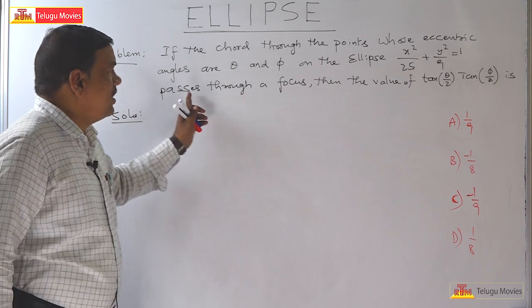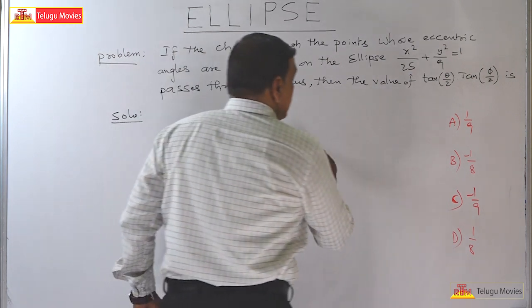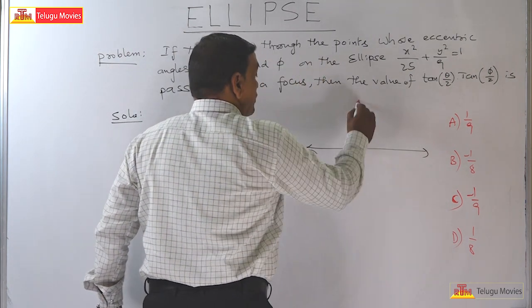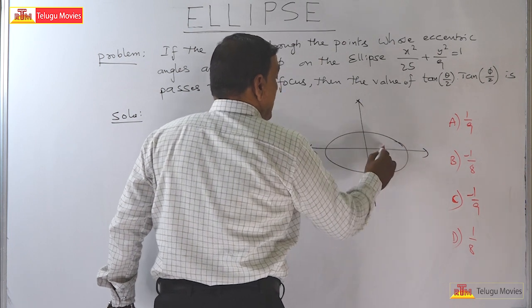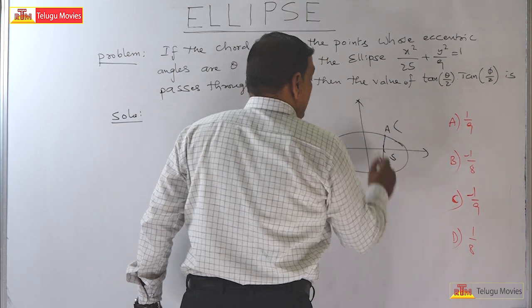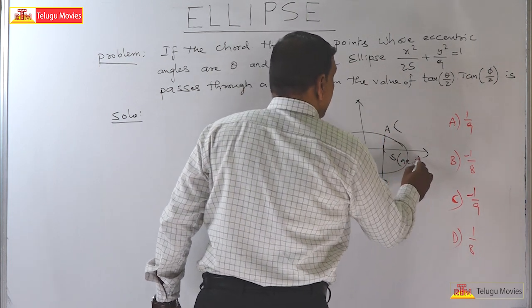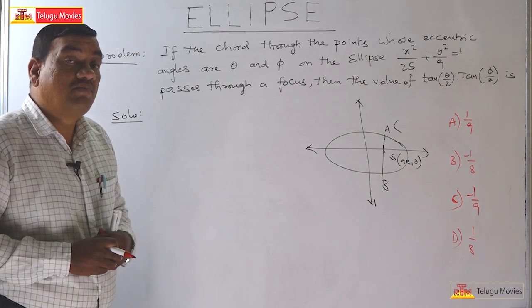He is saying one of the foci, we do not know which focus it is. So, a short trick we can do is this: take an ellipse with a focus, and a focal chord AB. If it passes through here, as I said previously, it passes through AE comma 0.